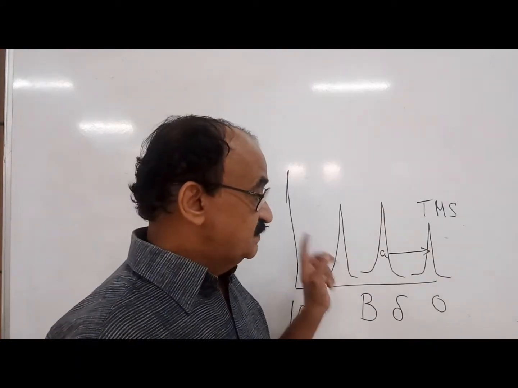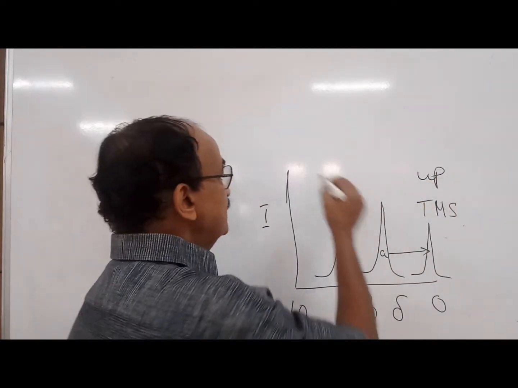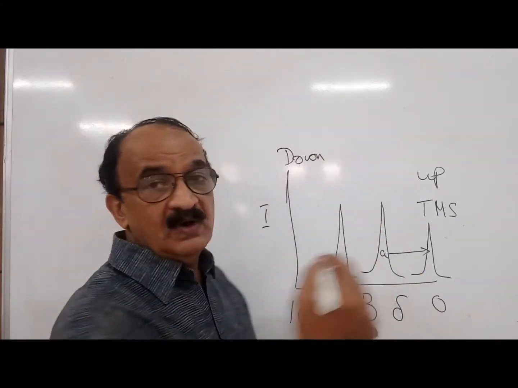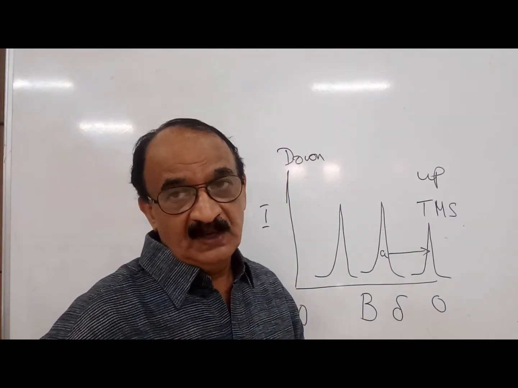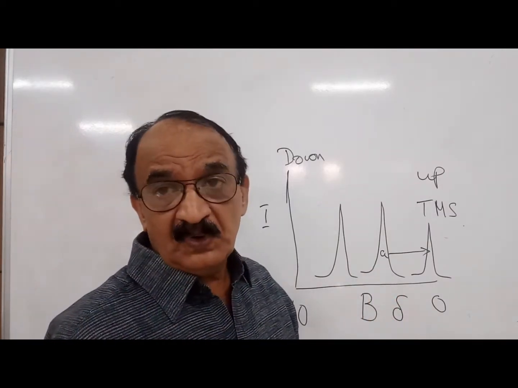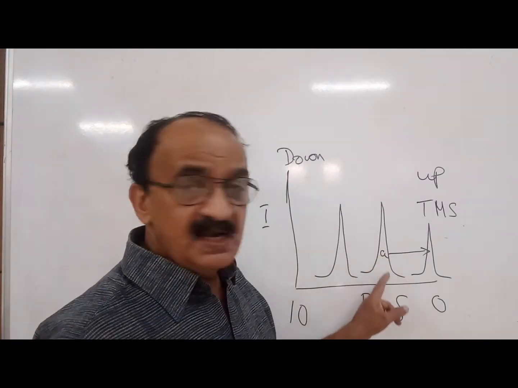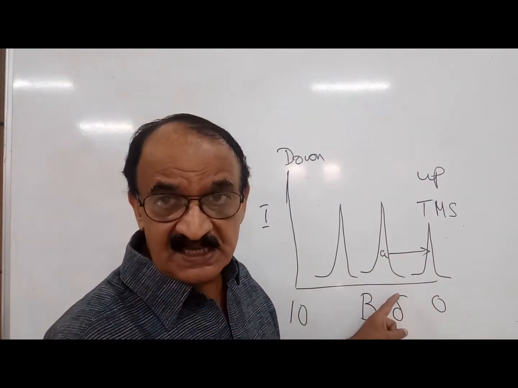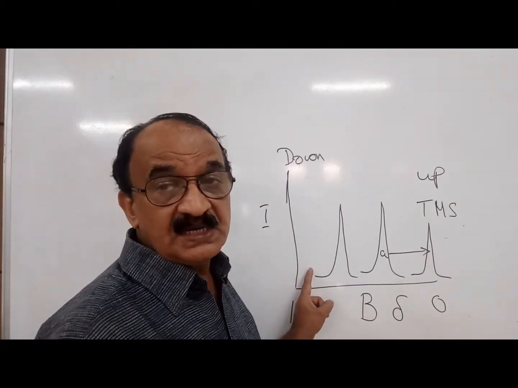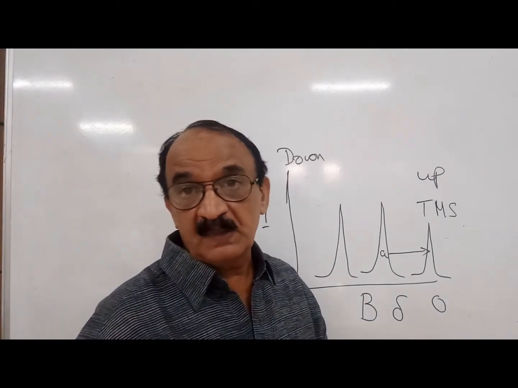And in the spectrum, this is the upfield region or higher field region. This is the downfield region or lower magnetic field region, right? There are two types of protons in our compound, shielded and de-shielded. Shielded protons can be seen nearer to TMS, and de-shielded protons are seen away from TMS with a larger value of chemical shift.